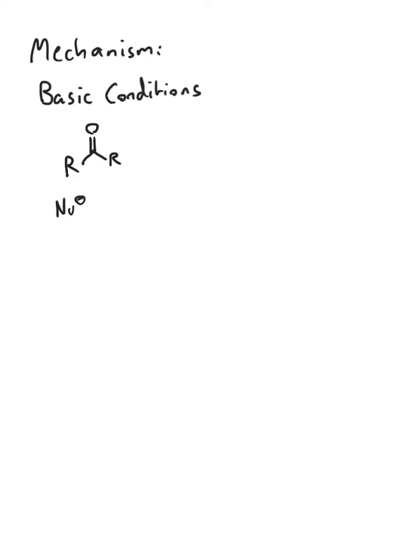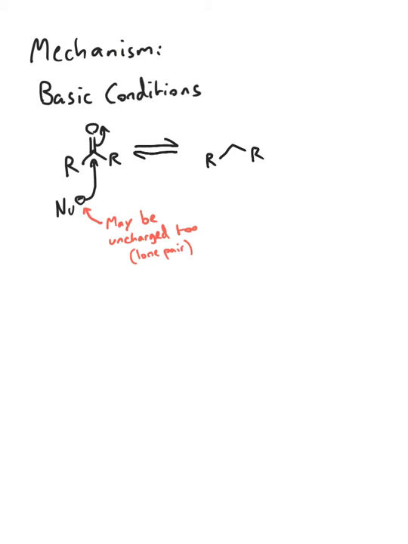Picture this ketone sitting around and a nucleophile happens to float by. The nucleophile does not have to be charged, it could also be uncharged. Imagine a lone pair. This nucleophile can attack the most electrophilic site, which in this case is the carbon of the carbonyl. This will then form an intermediate anion where we have both the nucleophile and the oxygen still bonded to the system.